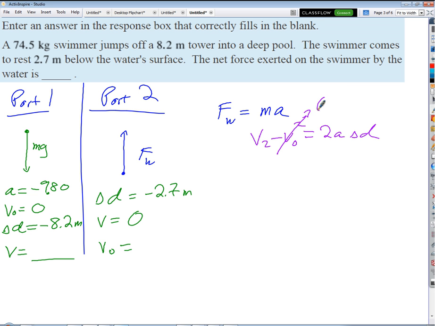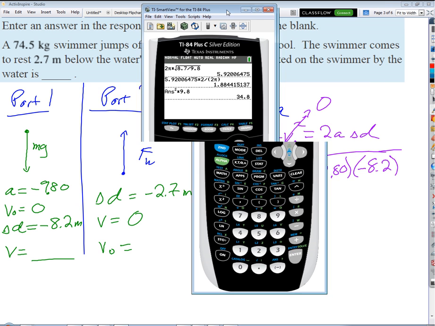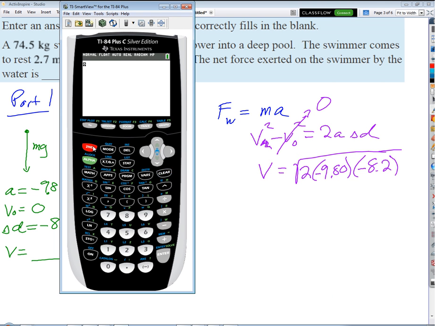V naught is 0, so we can remove that part of the equation, and now we're just solving for V. If I square root both sides, V final is just the square root of 2 times negative 9.8 times negative 8.2, which is about 12.7-ish, right?